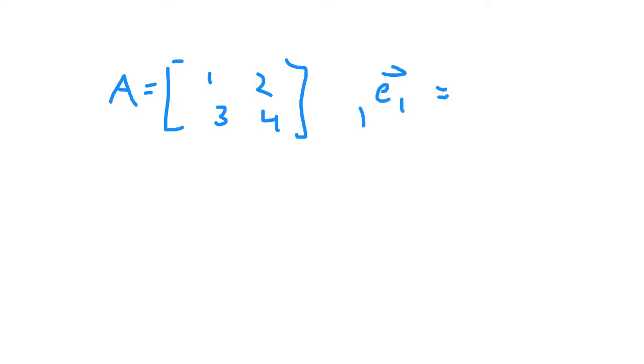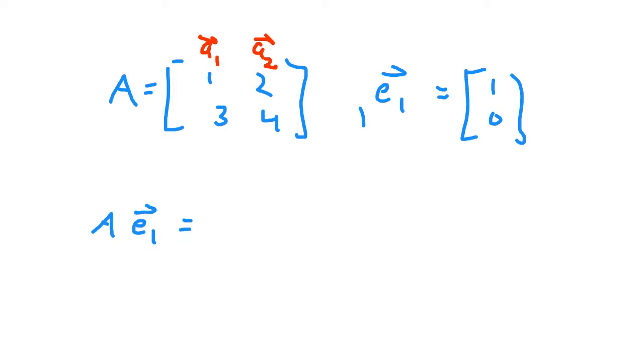So if A equals 1, 2, 3, 4, and E1 equals 1, 0, and by the way, I'll call the first column A1, the second column A2. Then I can take A times E1 because it's a 2 by 2 times a 2 by 1.